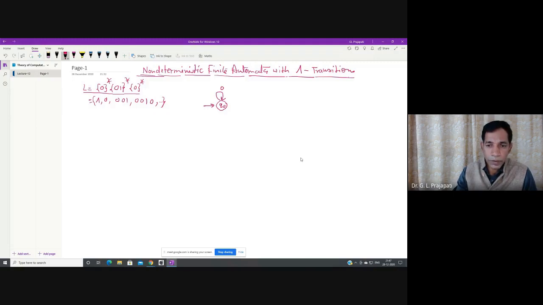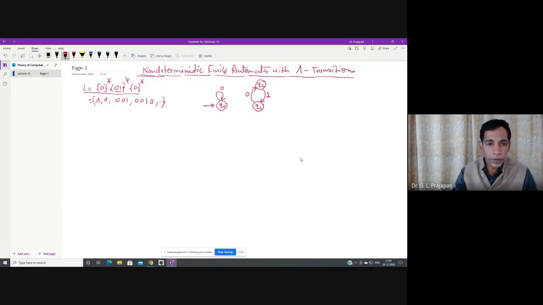Then for the other part, 01, how can you do it? Say you are in the state Q1, and say this is the state Q2. If you are at Q1, then you go to the state Q2 for the input 0, and if you are at Q2, you come back to Q1 for the input 1. So in this case, you are going to repeat 0101 any number of times.